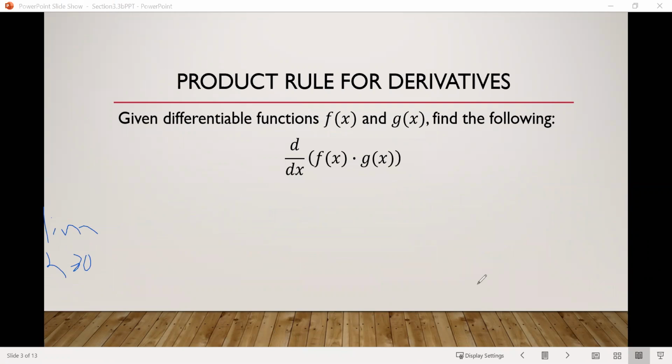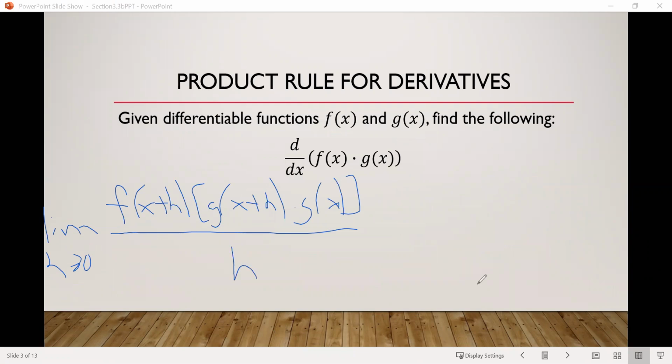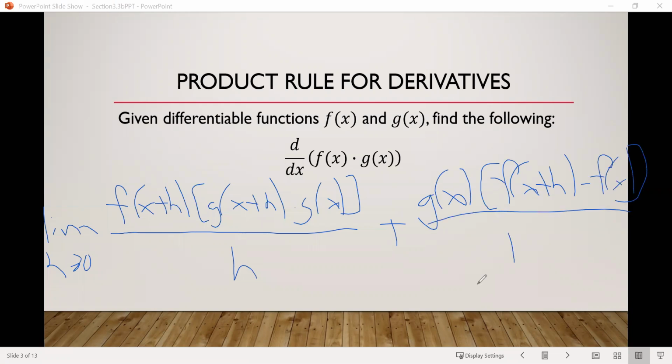And then we're going to have f of x plus h times g of x plus h minus g of x, and just that over h, plus, in the second part, g of x times f of x plus h minus f of x all over h. So we've kind of gone and separated this into two fractions.